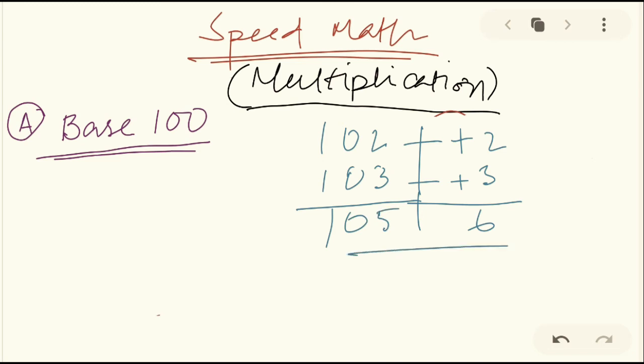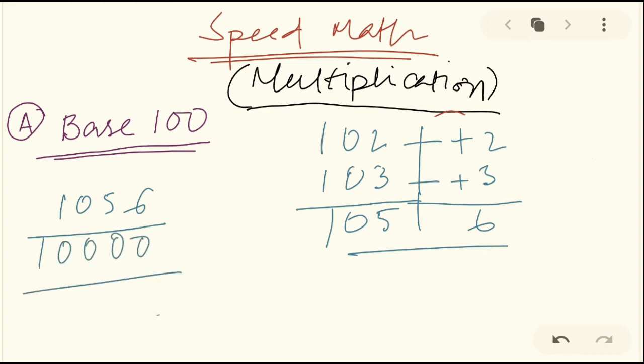Now what will be our answer? Is this 1056? Obviously not. Why not? Because 100 into 100 is 10000. What is the digit count? At least a 5-digit number, and we are having a 4-digit number here. So is it possible?